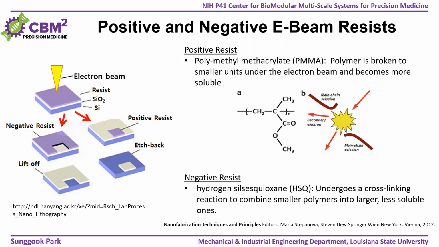While for positive resist, the resist exposed to the electron beams will be broken, the chains will be broken, so that it can be easily developed away. The most widely used standard e-beam positive resist is PMMA.